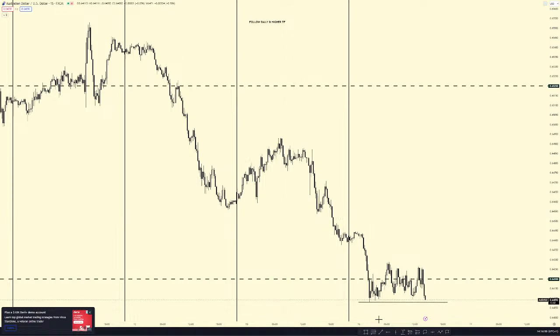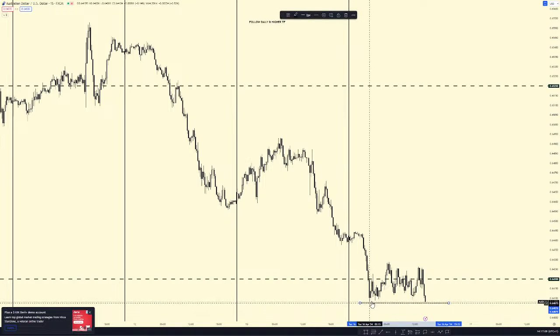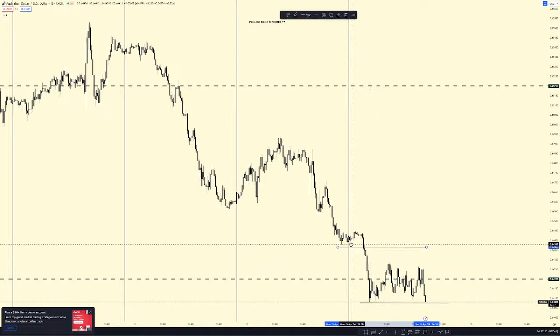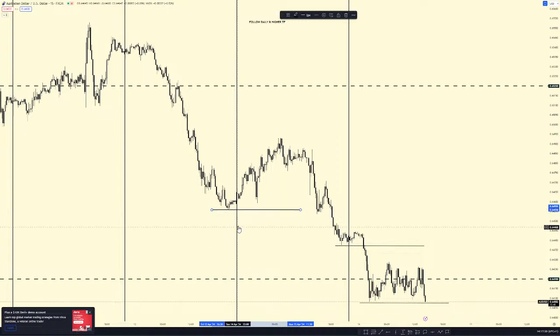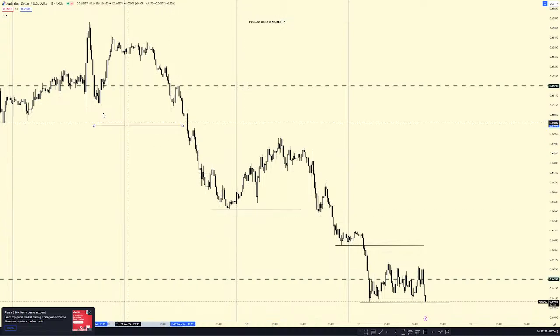For example, you see this level that I put here, this is the previous session low. And why am I paying attention to the previous session low, which is the Asian session low? Because the previous day low had been cleared. Another previous day low was cleared here. Another previous day low was actually cleared here.